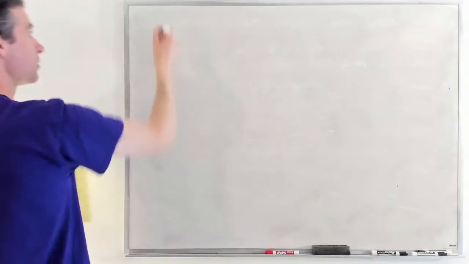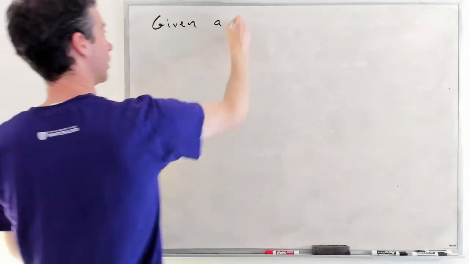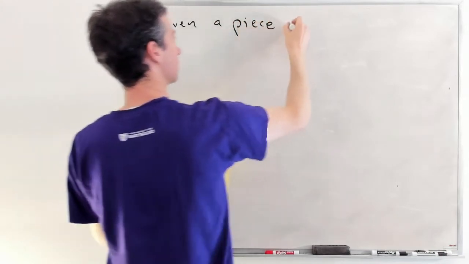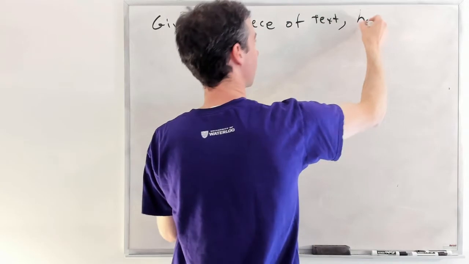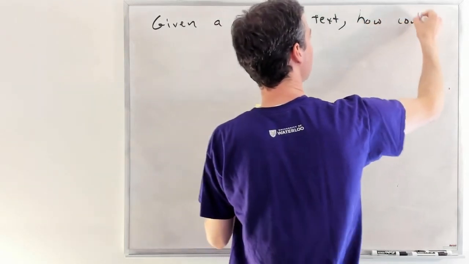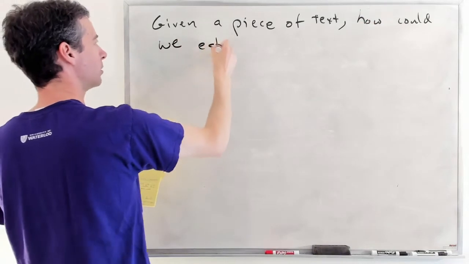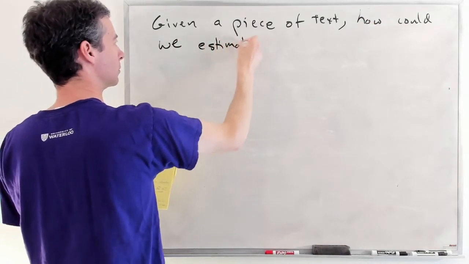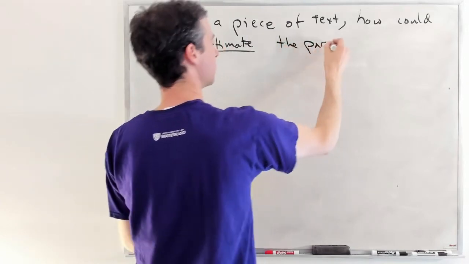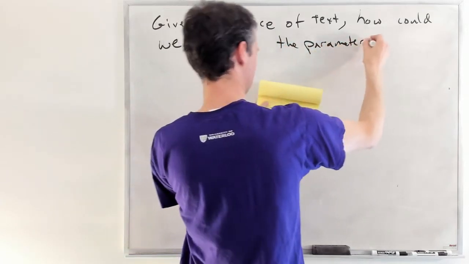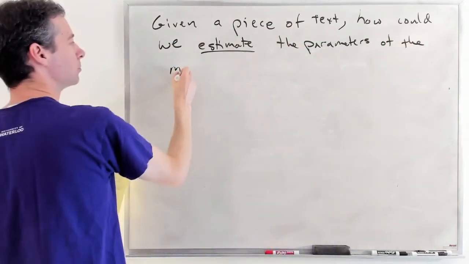So I pose it as a question here. Given a piece of text, how could we estimate the parameters of the model M?